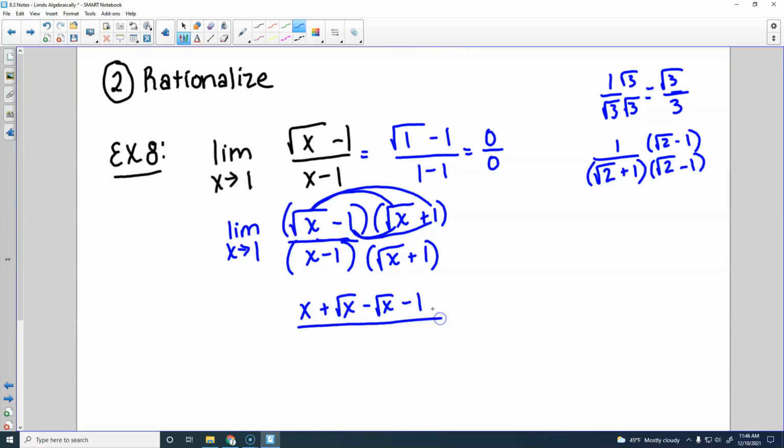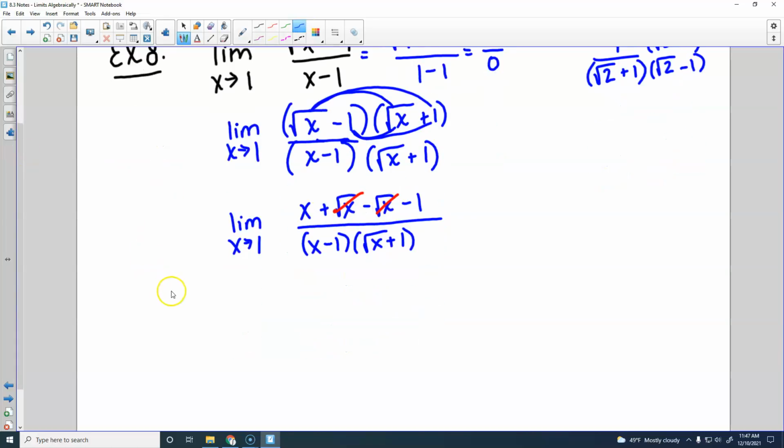I will tell you it is usually not helpful to multiply the denominator together, so leave it like it is. Yes? Yes. So the middle terms cancel here, and actually if I was doing this, I'd do that part in my head and I wouldn't even write this step down. I would go straight to this.